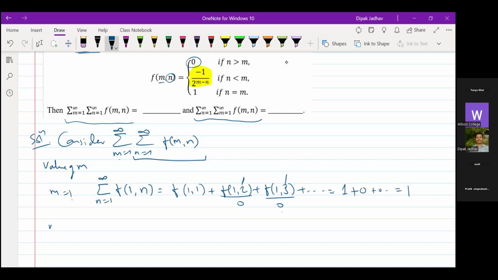Very good. Let's see what happens if m is equal to 2. The sum over n from 1 to infinity of f of 2 comma n. Let me expand this sum: f of 2 comma 1, f of 2 comma 2, f of 2 comma 3. What is the first value?